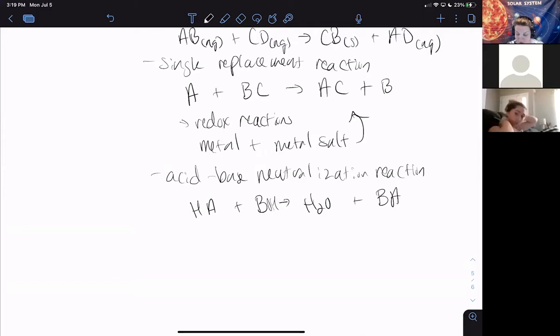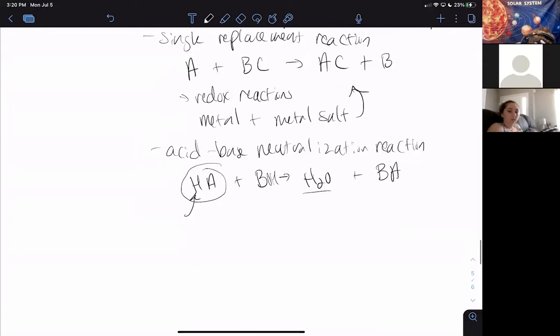There are many different types of bases that are used in these acid-base neutralization reactions, and only one general acid, just HA. So anytime you see an H at the beginning, generally you're dealing with an acid. Not 100% of the time, as we can see with water, but generally if a hydrogen is at the beginning, it's an acid.